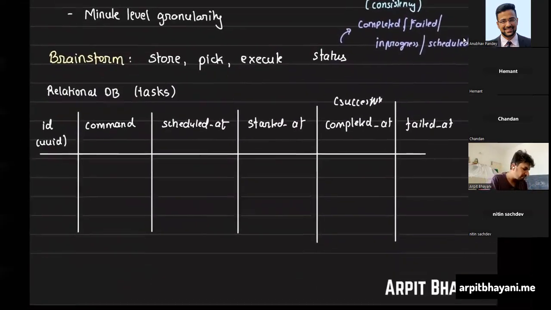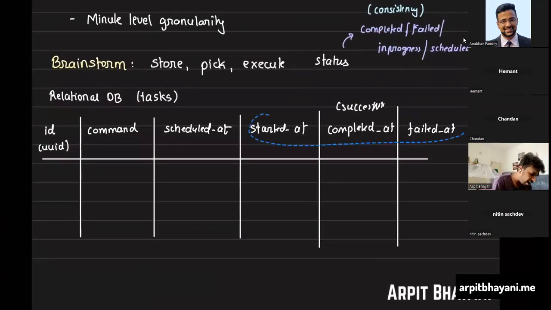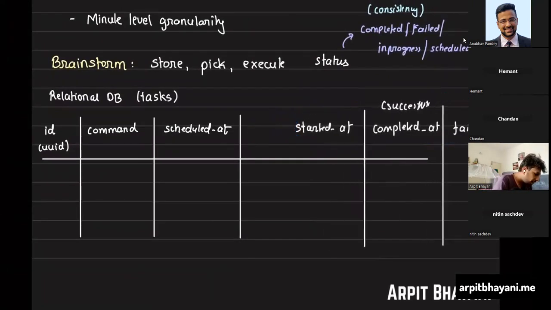So instead of just having started at directly, we would have a column called picked at. This would tell you when this task was picked by the picker and put into the queue. The time at which it is put into the queue is what is registered here.